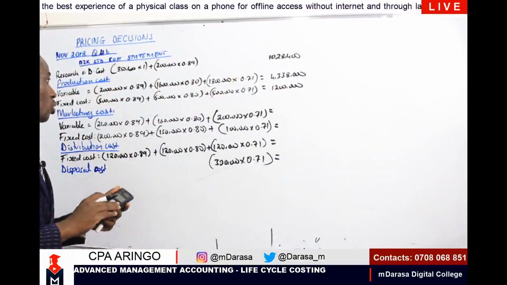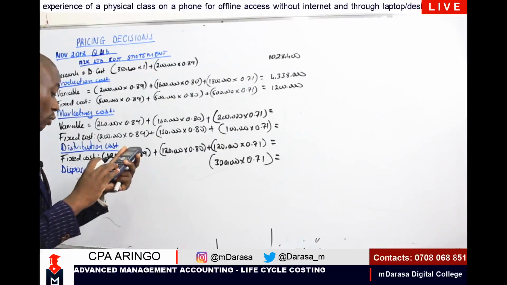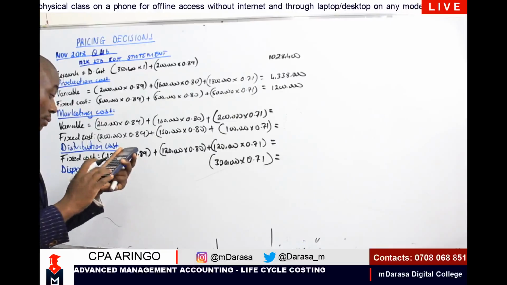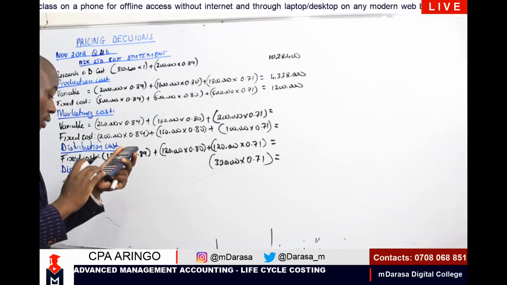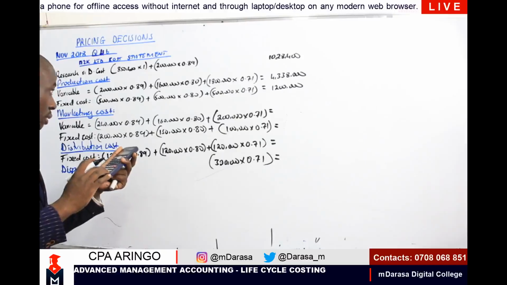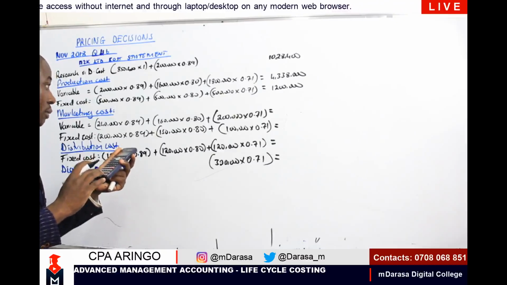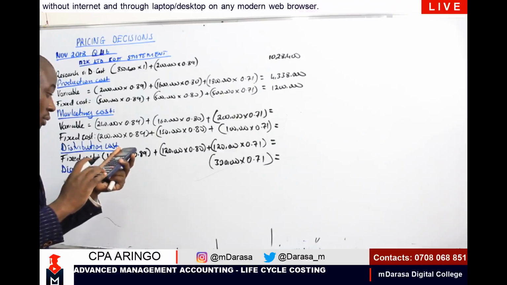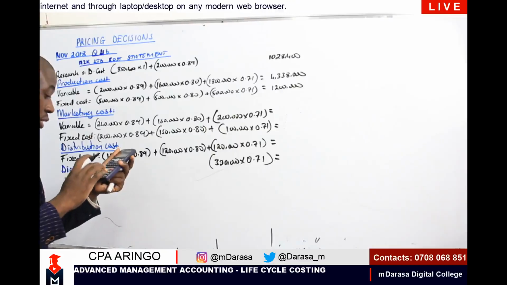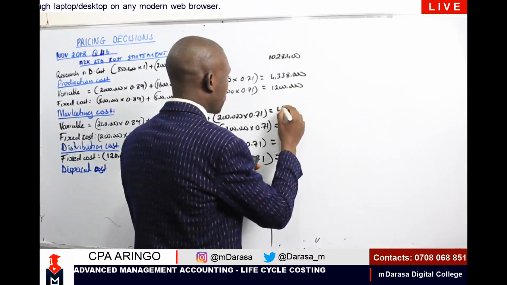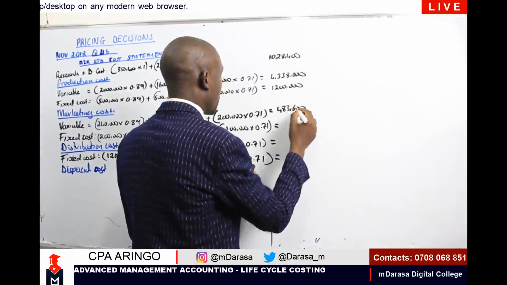For marketing, talk of 240,000, we multiply by 0.89. We add 160,000 by 0.80, we add 200,000 by 0.71 to give me a figure of 483,600.